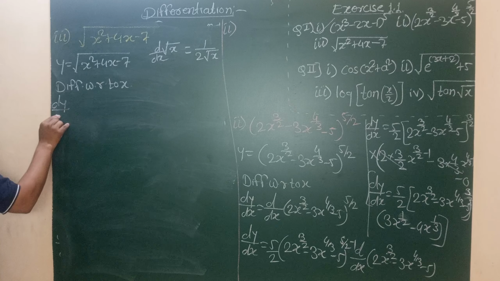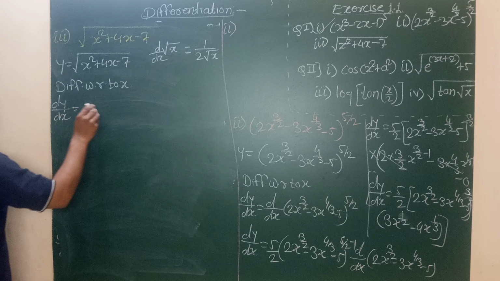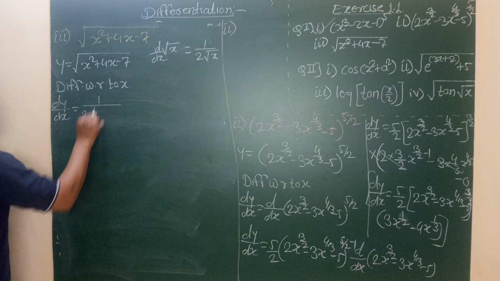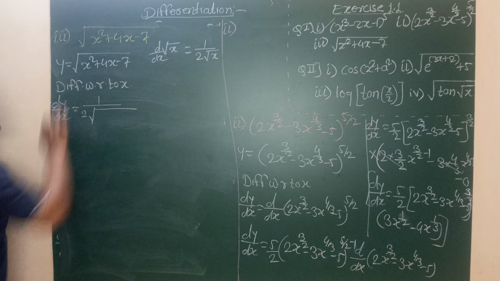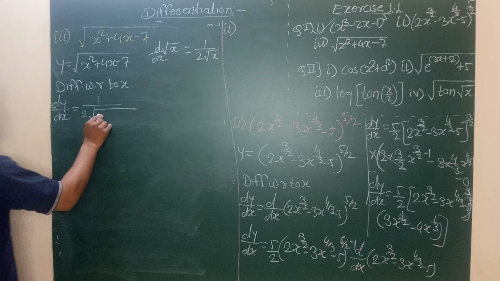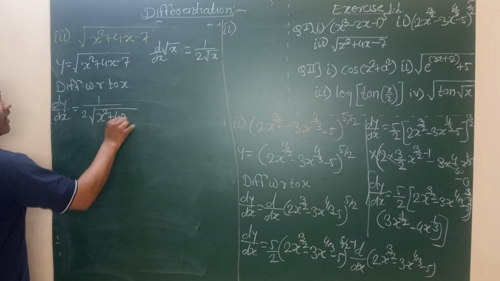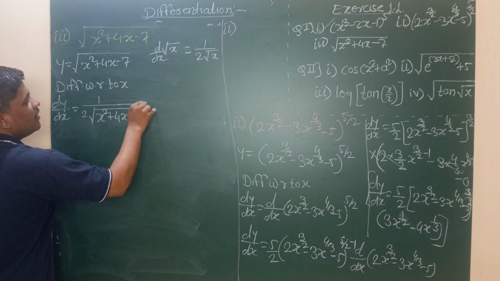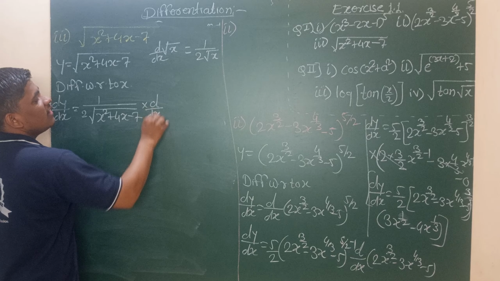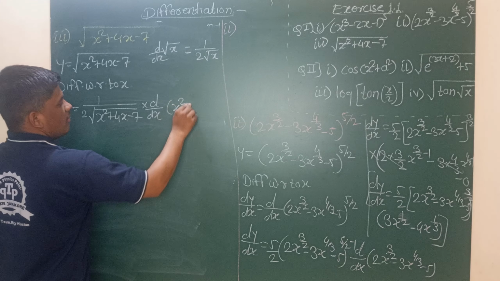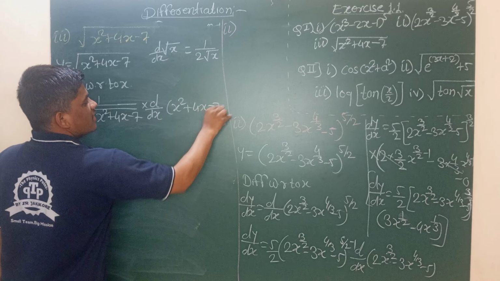Now dy by dx is equal to 1 upon 2 root of, what is the value of x? x square plus 4x minus 7 is treated as the whole x, that is x square plus 4x minus 7, into the differentiation of the remaining function, that is x square plus 4x minus 7.